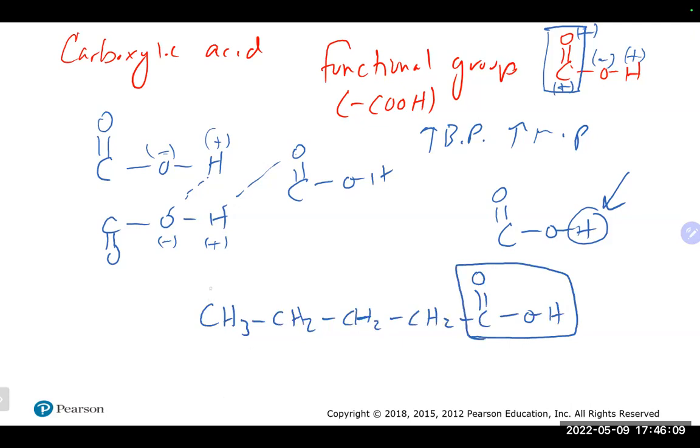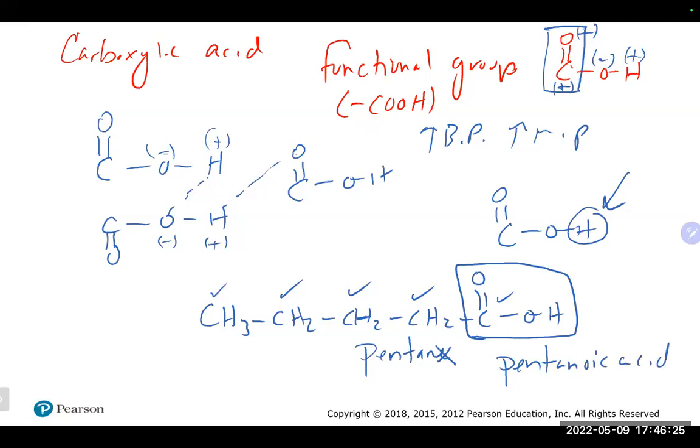So this guy would have 1, 2, 3, 4, and 5 carbons. Again, that would be based off of pentane. You could drop the E and it becomes pentanoic acid.